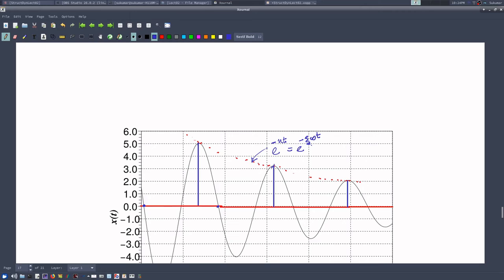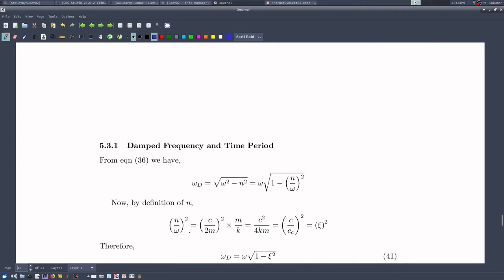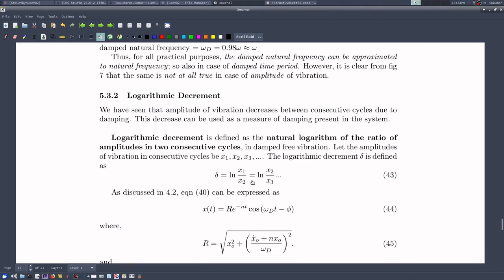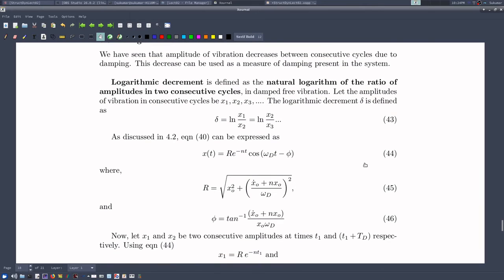And therefore, as another measurement of damping, we define something called logarithmic decrement, which is defined as the natural logarithm of the ratio of two consecutive amplitudes in two consecutive cycles.